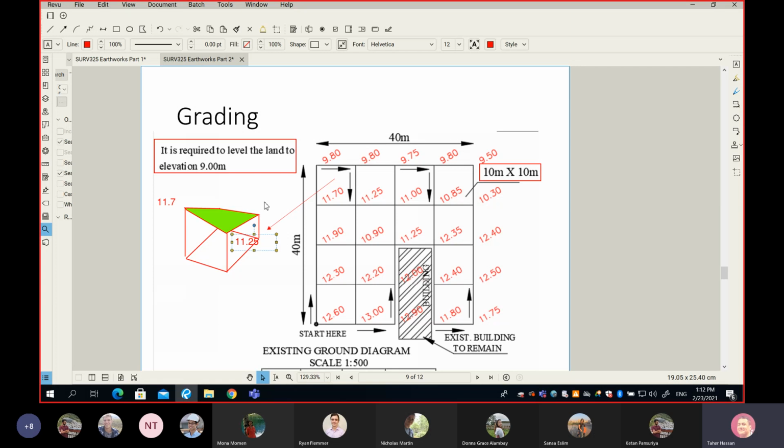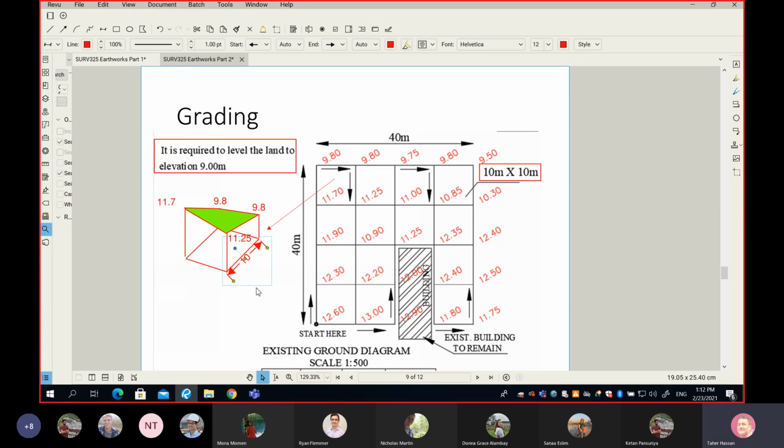And then at the back, we have the same elevation, which is 9.8, and also on the other point it is 9.8. I'm hoping this simple 3D tells you what's happening. We have an area which is 10 by 10. The side from here to there is simply 10 meters.